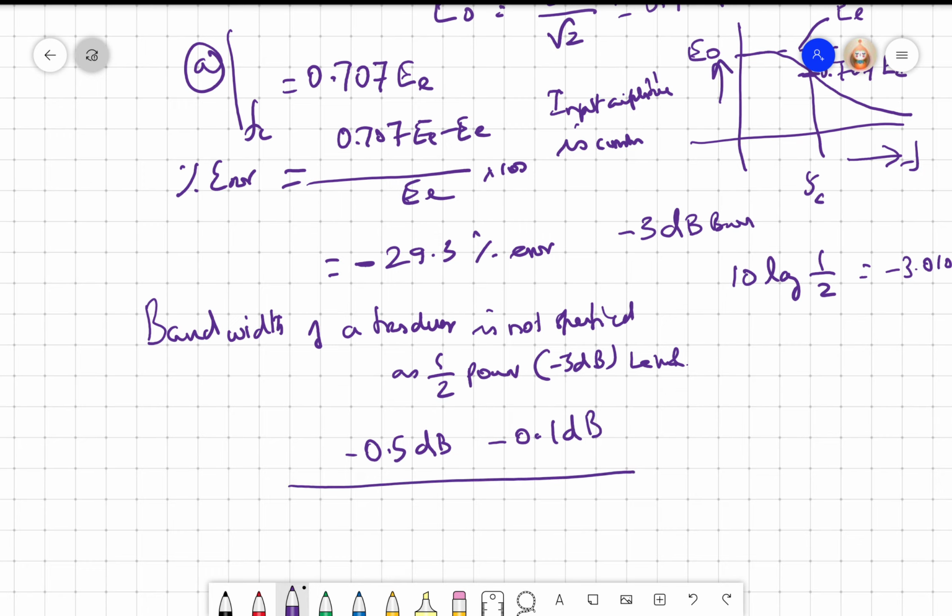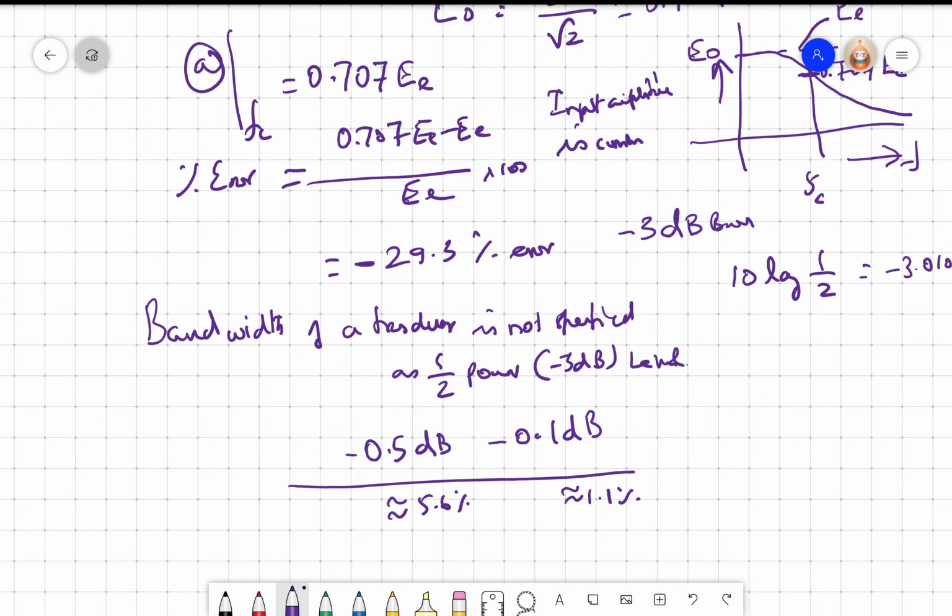So at minus 0.5 dB, the error would be about 6%, and at minus 0.1 dB, the error would be about 1%. This is approximately 5.6% error. This is approximately 1.1% error.